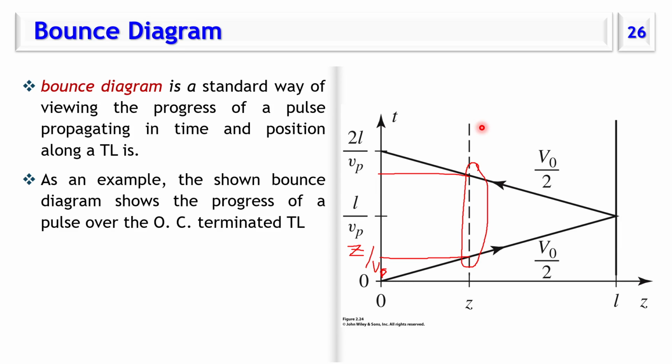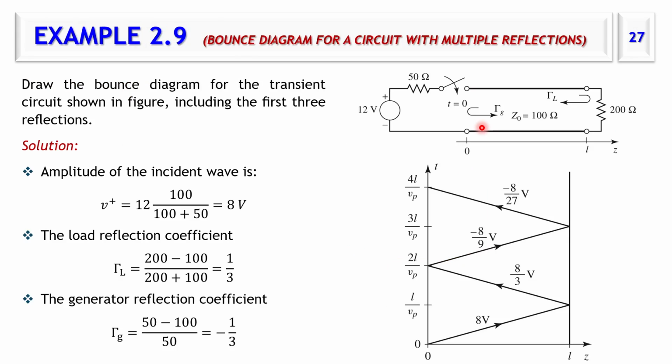So this bounce diagram is used frequently to solve or just to visualize the timing or the transient on the transmission line. So let us see this example here. It will also explain the situation better.